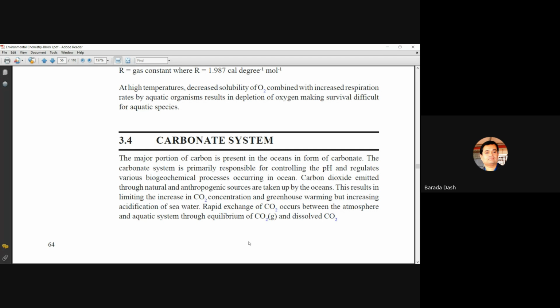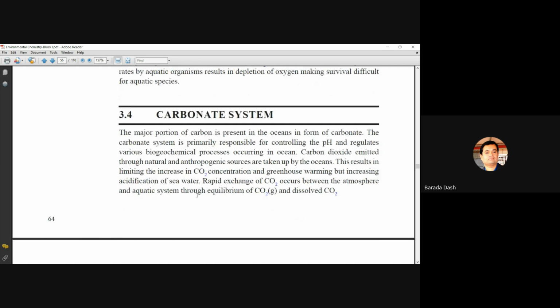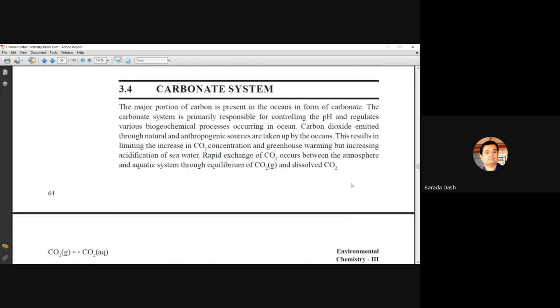Carbon dioxide emitted through natural and anthropogenic sources is taken up by the oceans because it is converted to carbonates. This limits the increase in carbon dioxide concentration and greenhouse warming, but increases acidification of seawater. Rapid exchange of carbon dioxide occurs between the atmosphere and aquatic system through equilibrium of carbon dioxide and dissolved carbon dioxide. So basically carbonate plays an important role.